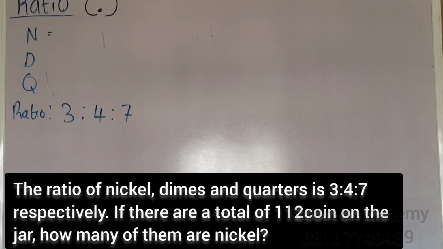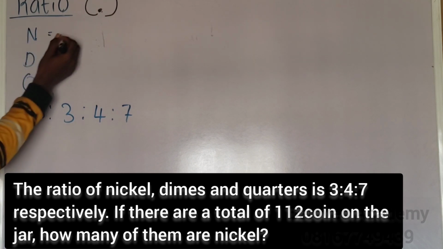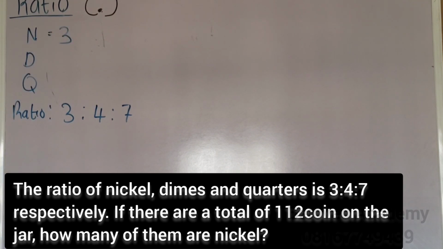Are you paying attention? You know that we are given that the ratio of nickel, dimes, and quarters in a jar is 3:4:7 respectively. That means that nickel has 3 as its own ratio. The individual ratio of nickel is 3. Now for dimes, the ratio of dimes is 4.